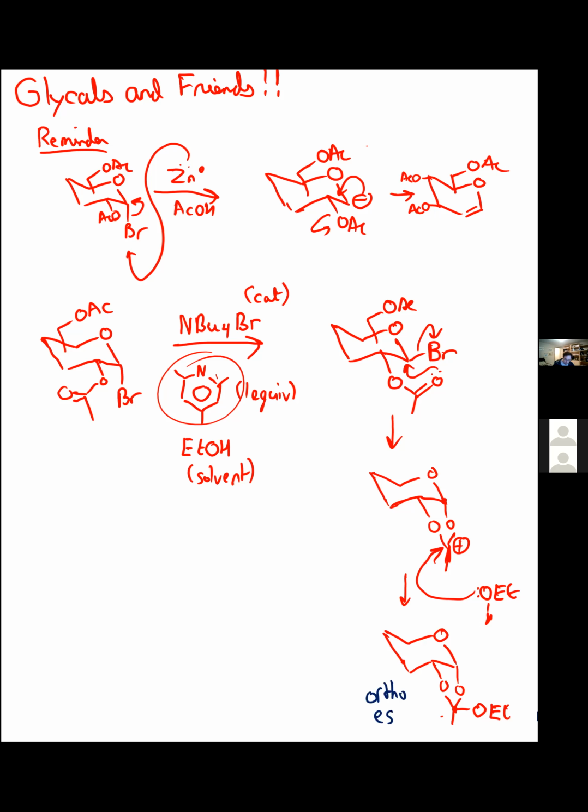Ortho kind of being like different or nearby. And it's an ester because an ester carbon makes 3 bonds to oxygen, but it isn't like a normal ester. It's a nearby ester, but it's not an ester. Okay.